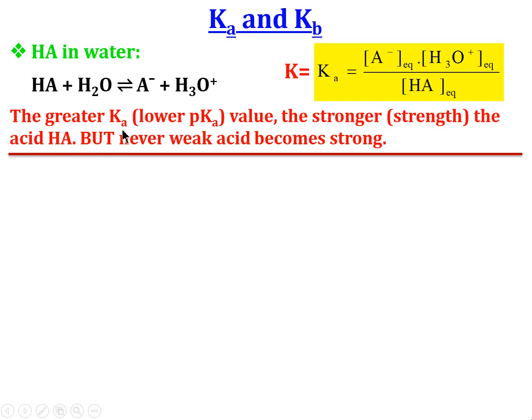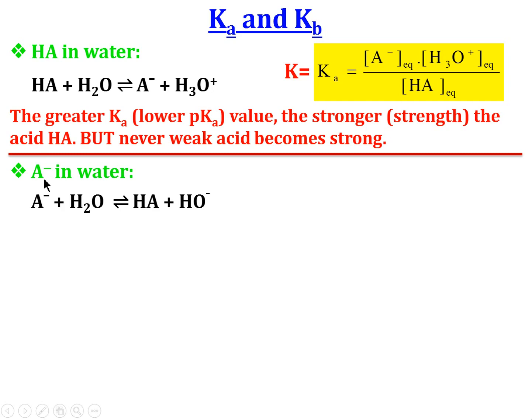The greater Ka value or the lower pKa means the acid is stronger. So the strength of the acid increases, but never does a weak acid become strong. We have a great difference between the terms stronger and strong.